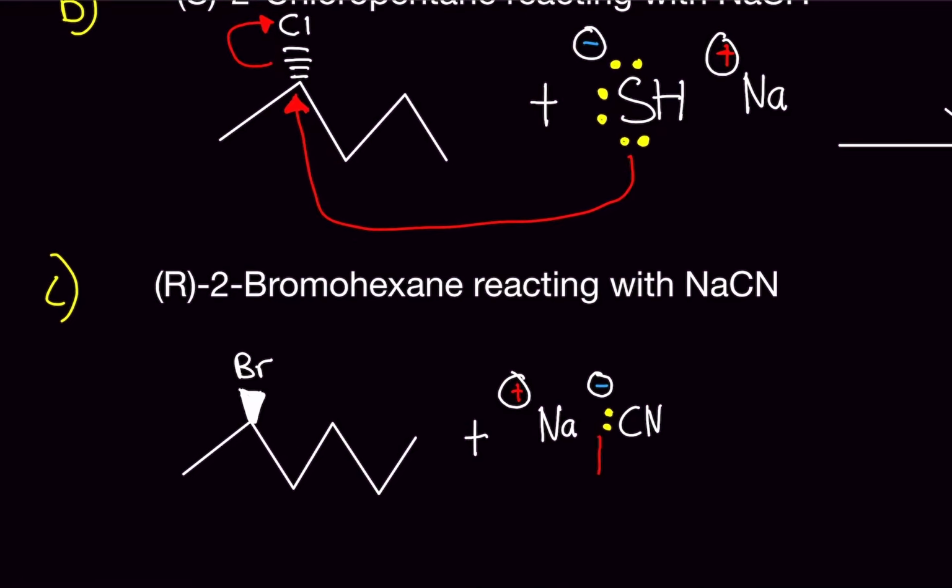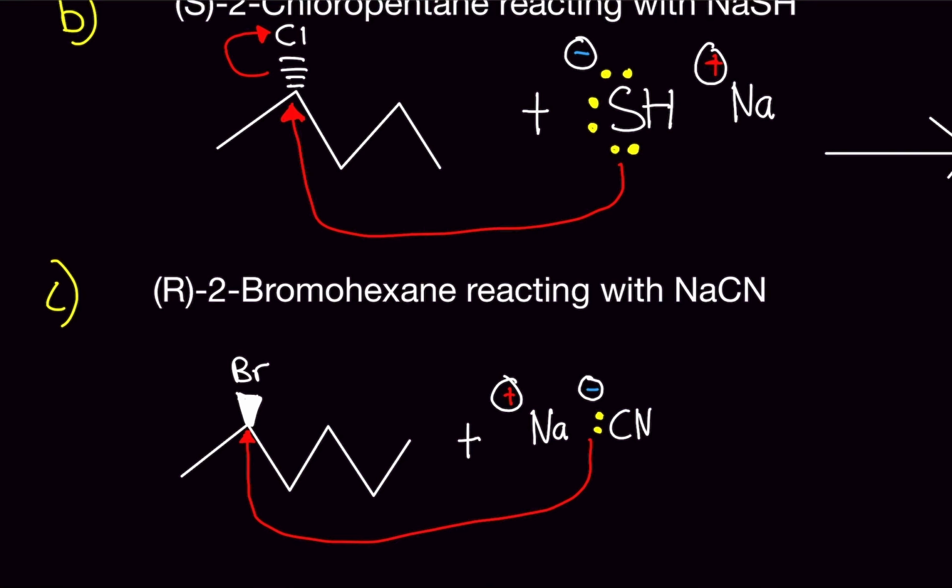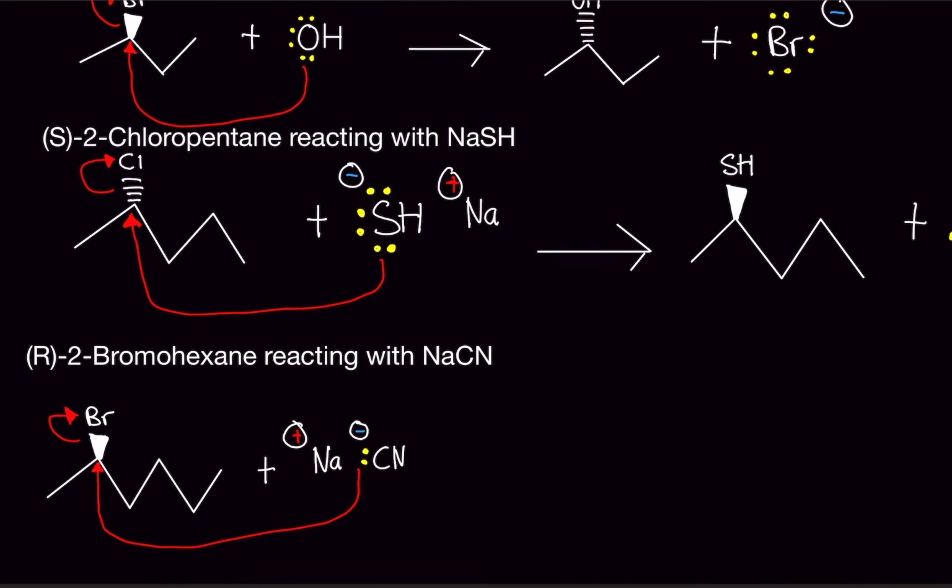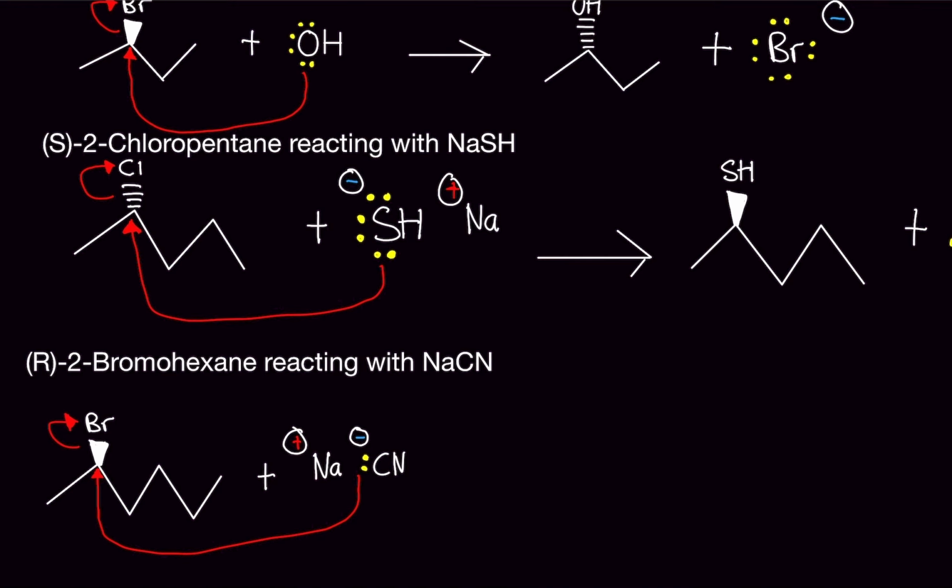So this is going to react over here, carbon number 2, and we're going to kick out the leaving group, the bromine. Just like that, right? And then arrow. And then we just draw in the same thing, but replace the bromine with the cyanide and change the wedge to a dash.